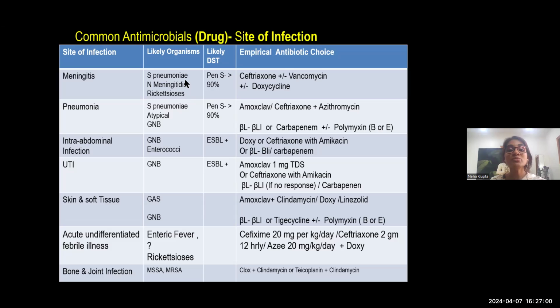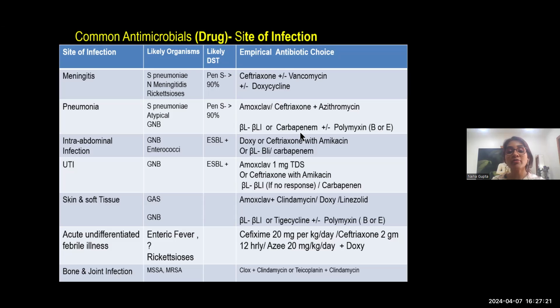So here, carbapenems in community-acquired meningitis are not recommended. If the person has aspirated, then adding a carbapenem may be justifiable to cover the resistant gram-negatives from the lung. For a patient who is coming with pneumonia, it again will depend upon the severity of infection.